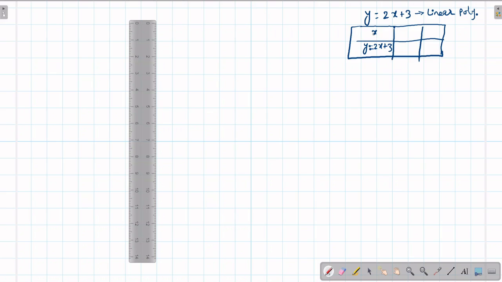You will put some real values of x and try to find the value of this expression. So take, suppose, -2. When you put -2 in this expression, you get 2 into -2 is -4, plus 3, which comes out to be -1.